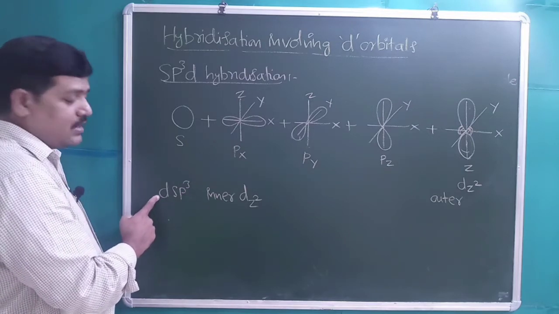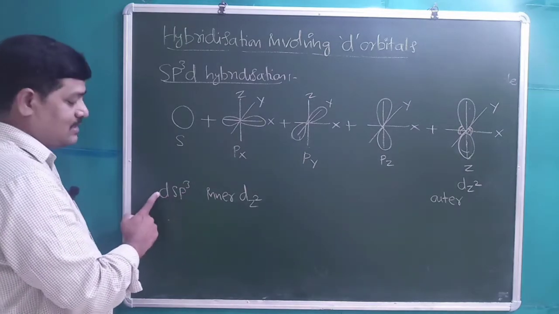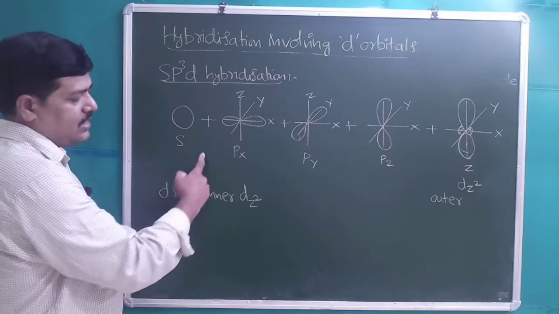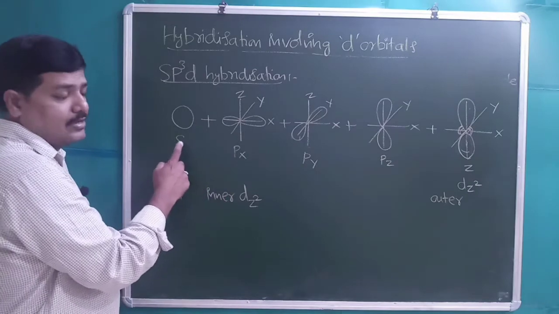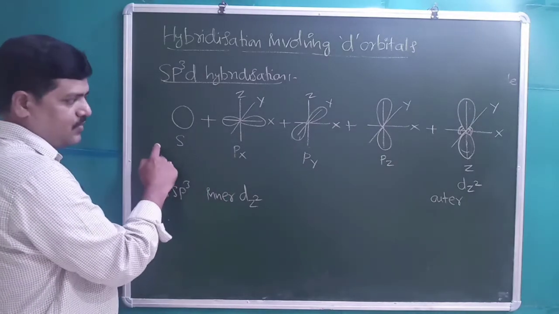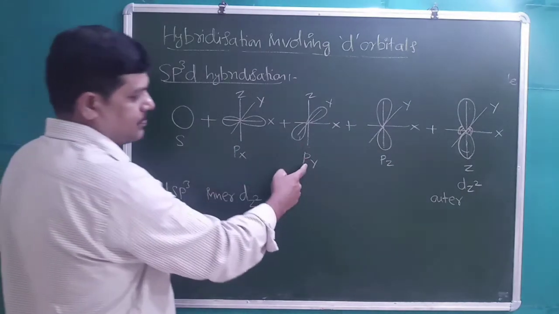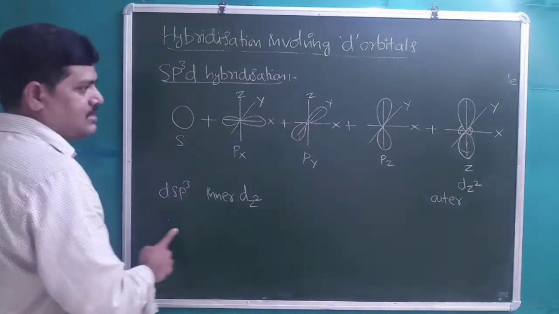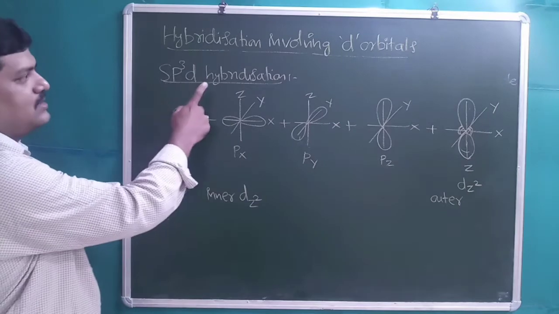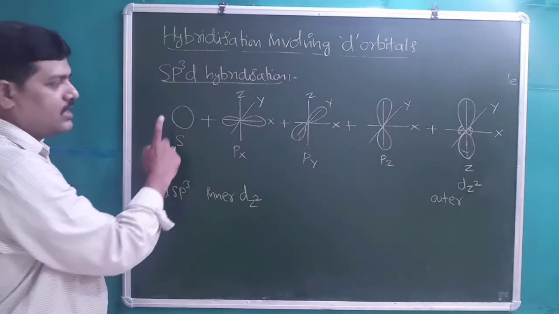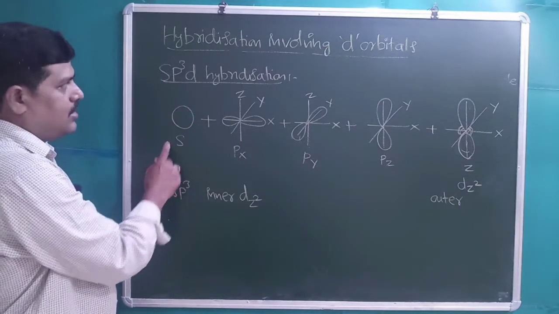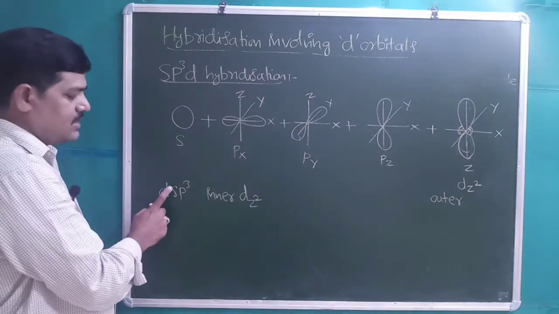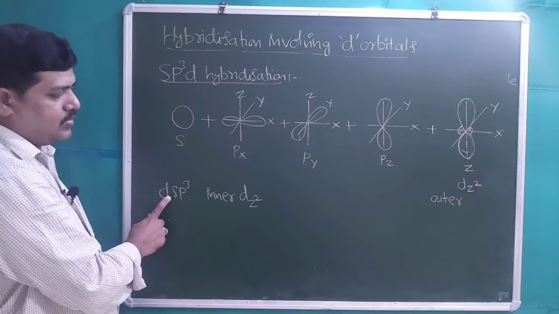Then d orbital, if it is a dz square, that is called as dsp3 hybridization. Here all are outer orbitals: 4s, 4px, 4py, 4pz, 4dz square, like that orbitals are involved. That is called as sp3d hybridization. Okay, in the syllabus of chemical bonding we have sp3d hybridization. This is there in the coordination compounds, right?